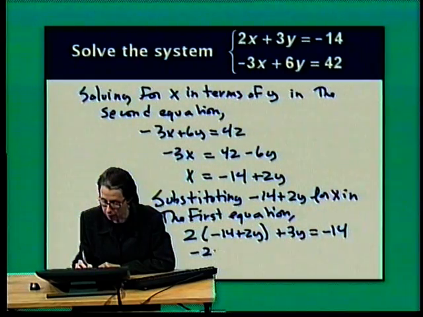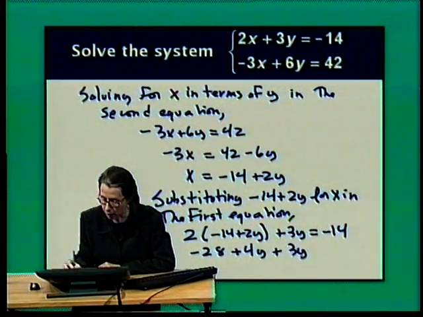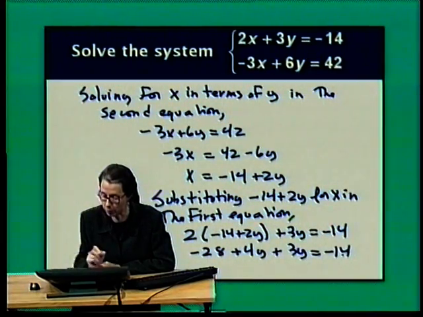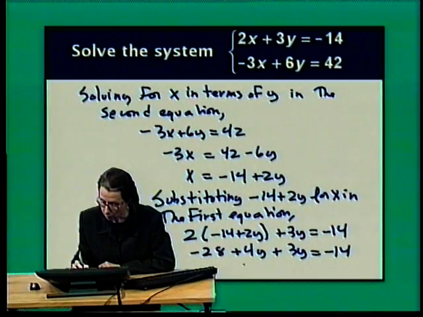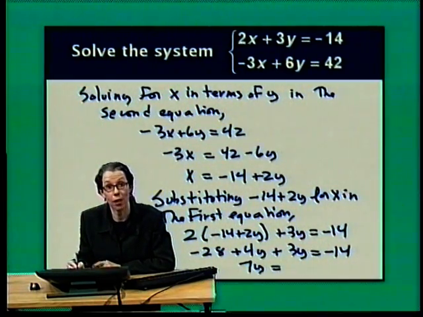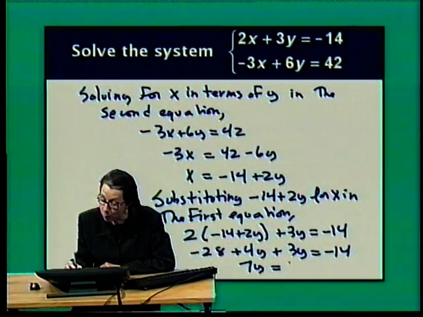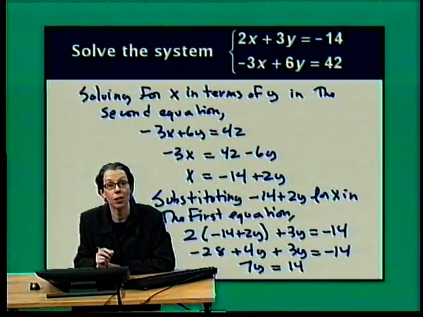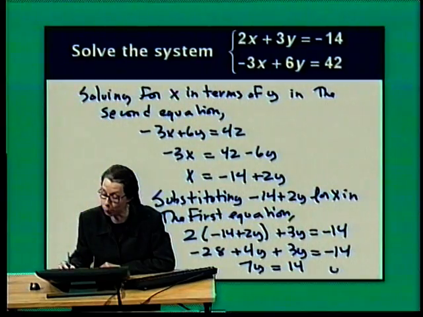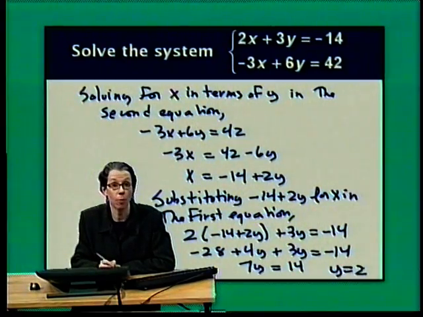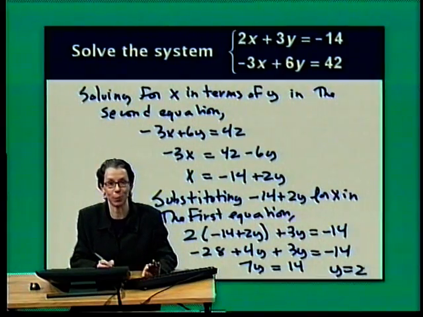So I have negative 28 plus 4y plus 3y equals negative 14. So I have 7y, and I'm going to add 28 to both sides because I'm running out of room. So that will give me 14, so I see that y equals 2. These problems take lots of paper. Make sure you have lots of paper to work these problems.